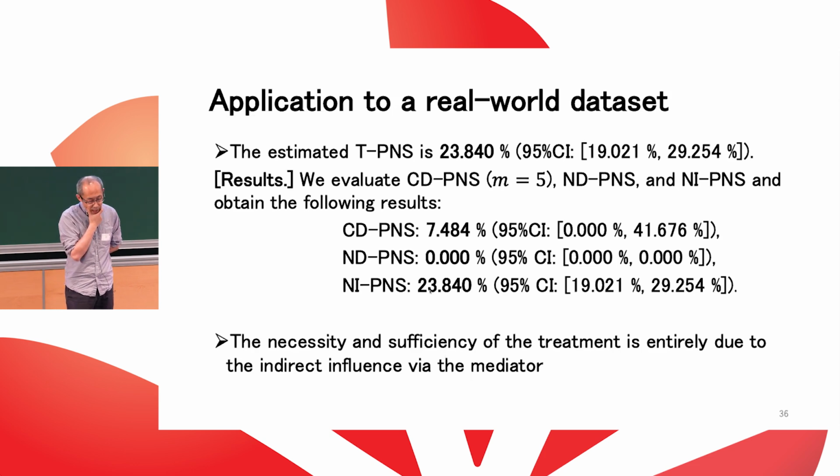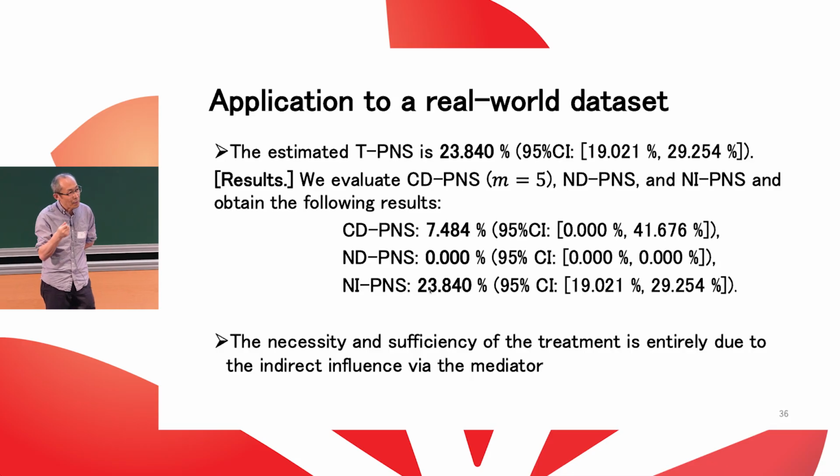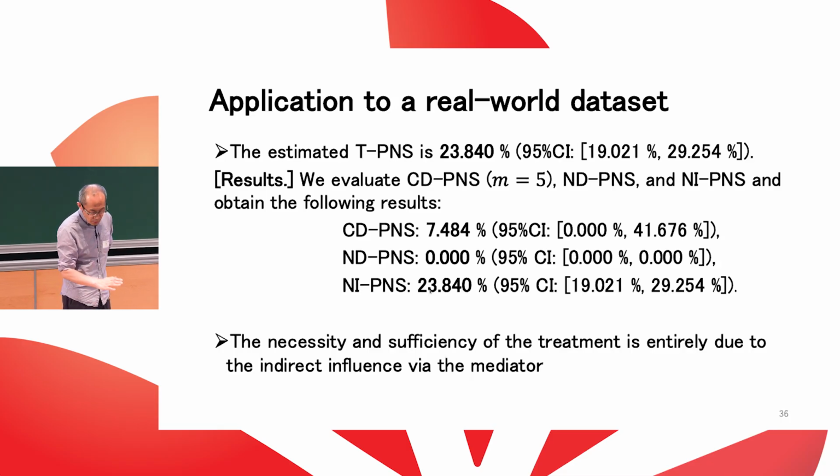So we believe that these quantities will provide some kind of meaningful, more refined understanding of this kind of data, to have a detailed understanding of how this job intervention influenced the outcome.